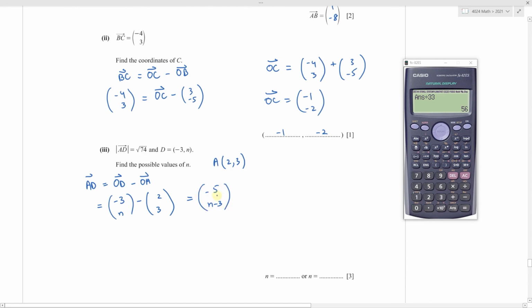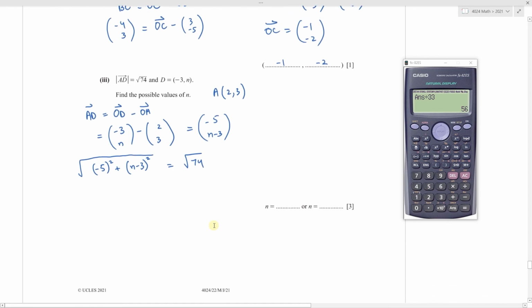Now you can calculate the magnitude. It will be the square root of minus 5 squared plus (n minus 3) squared. And you're given that the magnitude is square root of 74. So I can just cancel out these square roots.